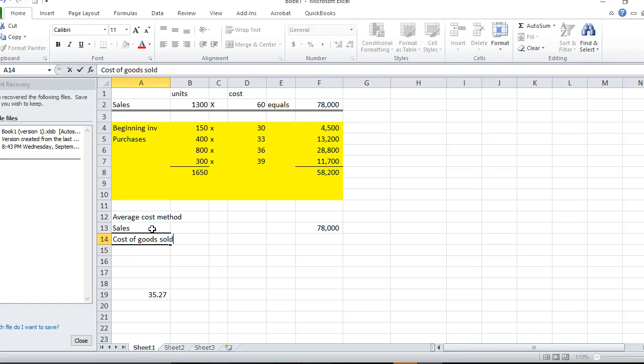Using the periodic method means we have to show cost of goods available for sale, which is our $58,200, okay?